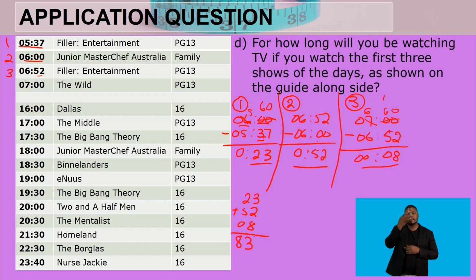But with 83 minutes, you can see that already there is an hour there. So you say 83 minus 60, our hour, to check how many. We've got 1 hour. What is left when you subtract 60 from 83 is 23. So it means these shows have lasted 1 hour. You'll be watching TV for 1 hour, 23 minutes.